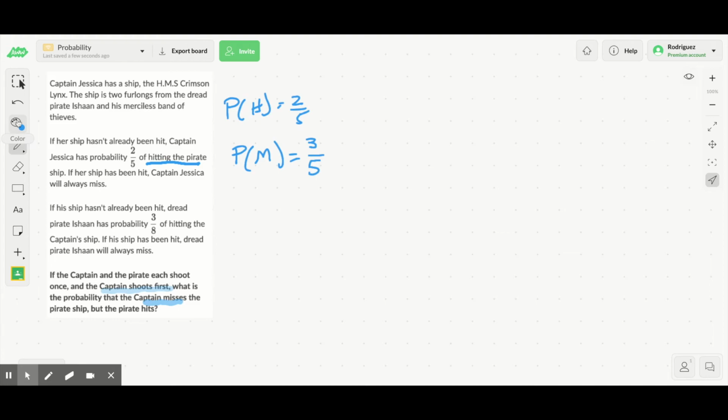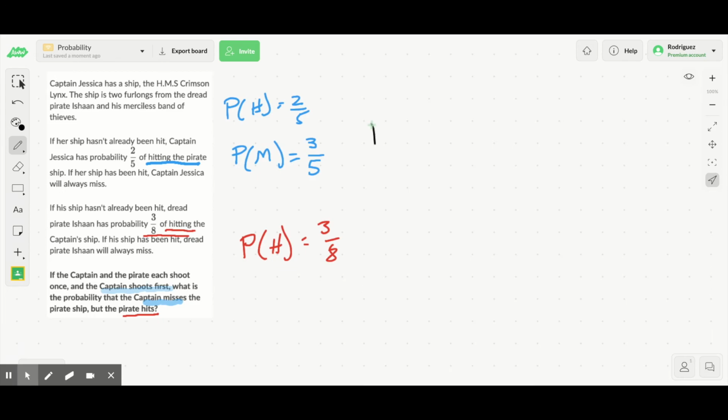We are looking for the captain missing and the pirate. We want the pirate to hit, and the pirate we saw has a 3/8 chance of hitting. So for the pirate, the probability of a hit is going to be 3/8. All right, so let's take a look at what our probability is.